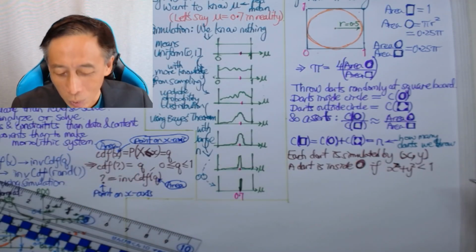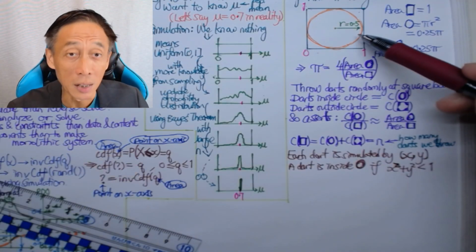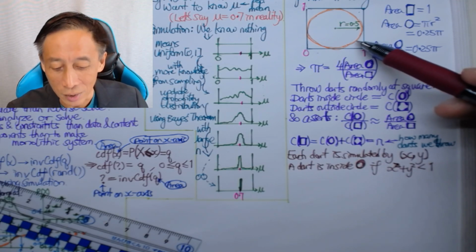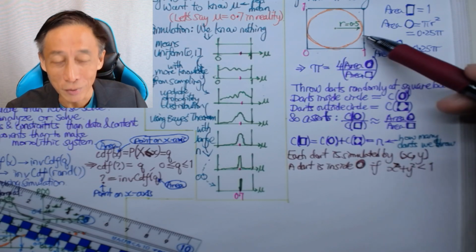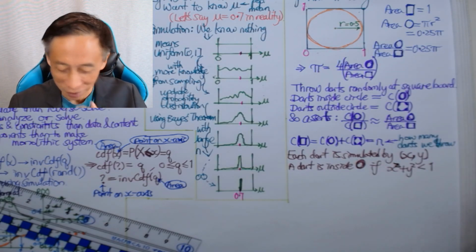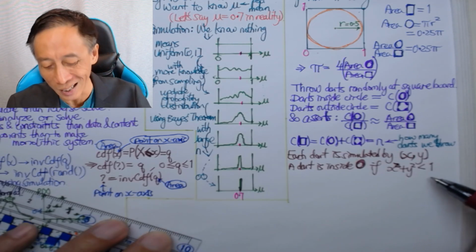Now, of course, the equal case is debatable, but also not important. The chance of the dot landing on the perimeter itself is nearly 0. So we don't have to worry about that. You can try both ways if you like, but we'll just say less than 1.